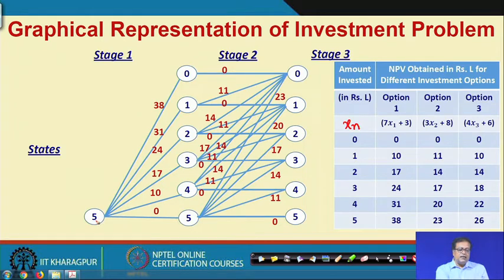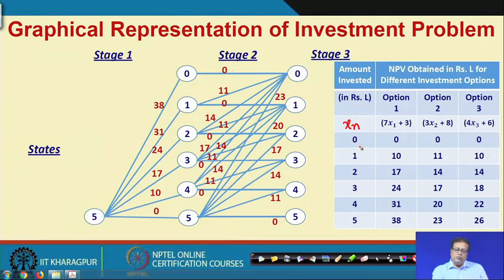This S n is the amount that is available to invest in all the remaining investment options, and x n is what you are investing at a given investment option. That is called the decision. The stage is the 3 investment options, and the states are the amount of money that is available. Once you are very clear about this, now let us look at option 2.